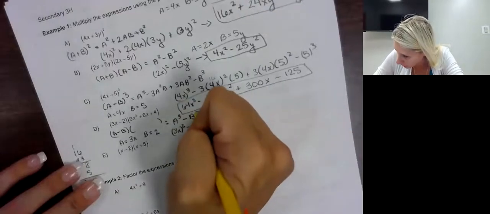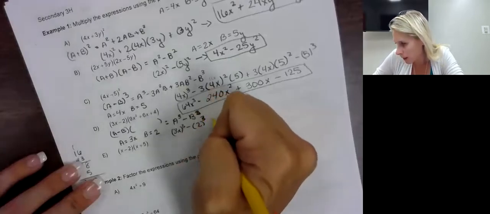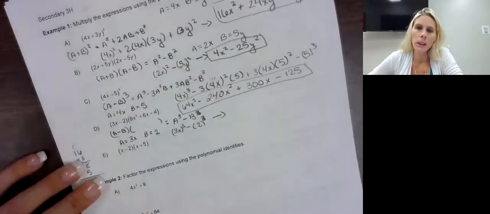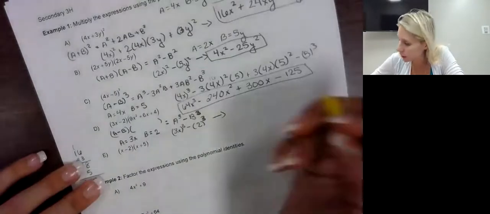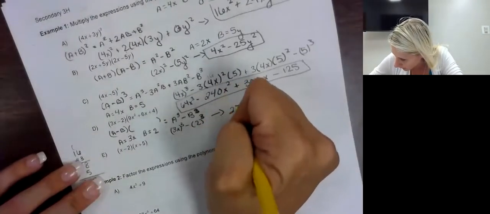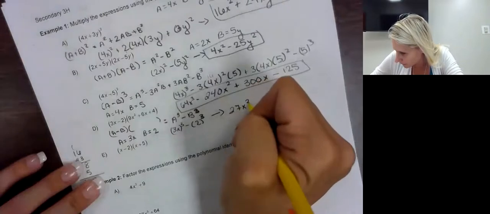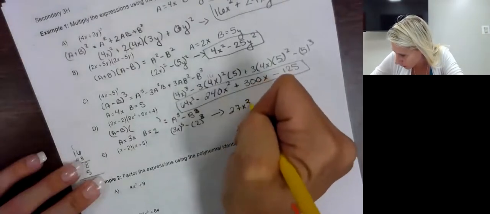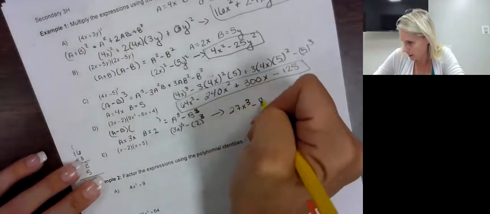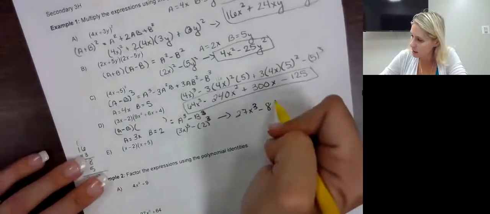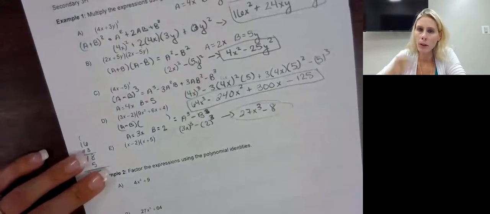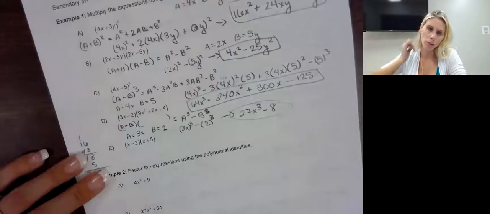Why did I say squared? It should be cubed. Did anyone catch that? All right, so when I simplify it, 3x cubed would be 27x cubed, and 2 cubed is 8. And we're done. That one was probably a little bit faster if we memorize that to a T.